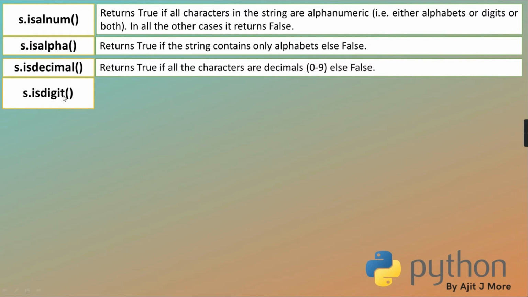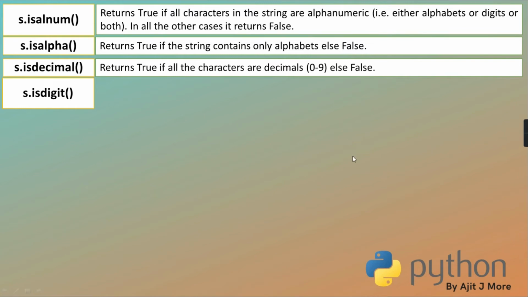The only thing is, in your string, if there are some digits which are written in a superscript or subscript form, you understand? Superscripts, subscripts also have their Unicodes, remember? Like I have written 5 square.